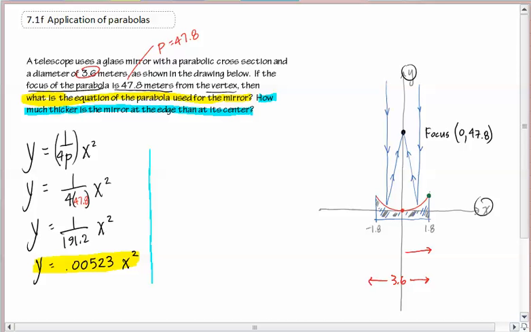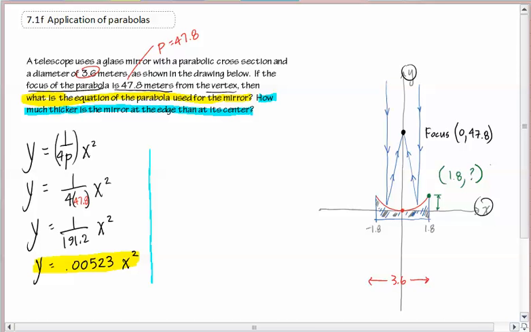And the question being asked is what is this distance here? How much thicker is it on the edge than at the center? So really what I need to know is, what is the y coordinate of that green dot? I know the x coordinate is 1.8, and the question is, what is the y coordinate of the green dot?